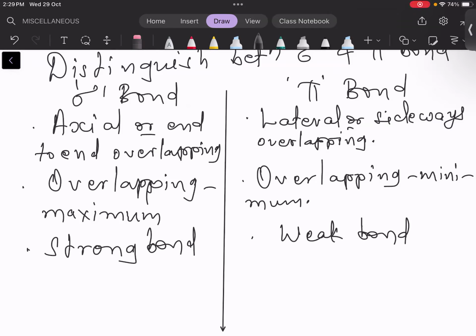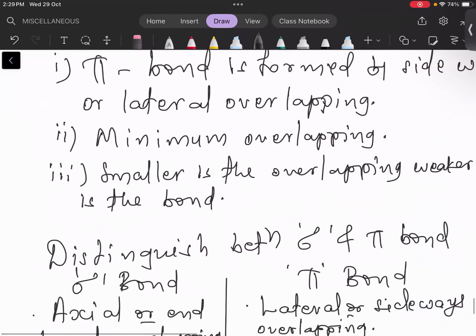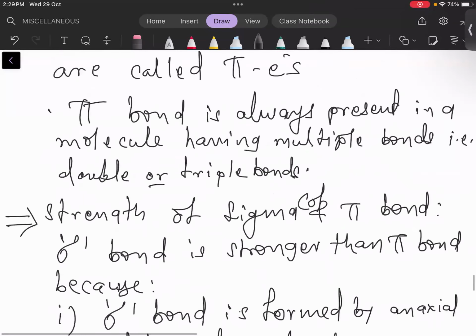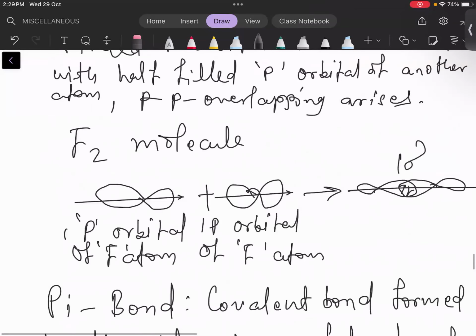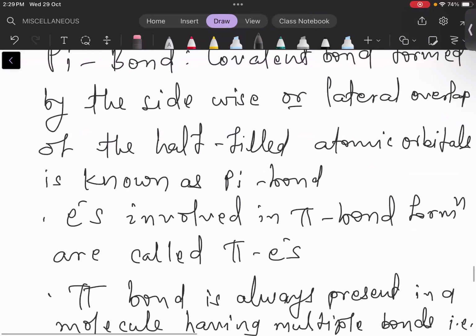Sir, how does a pi bond look like? Pi bond formation we started, but I didn't show you.